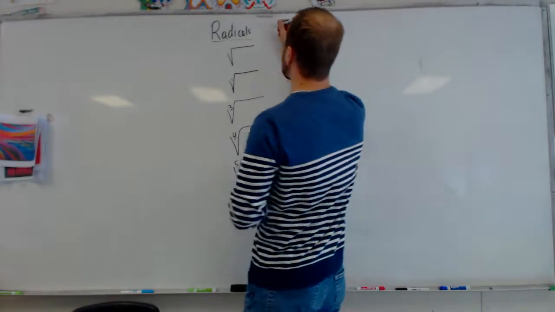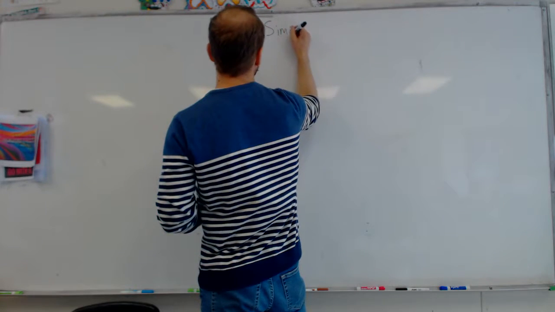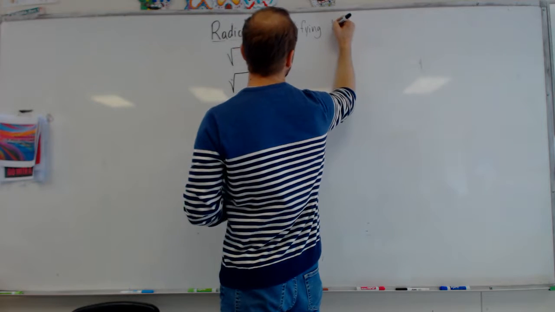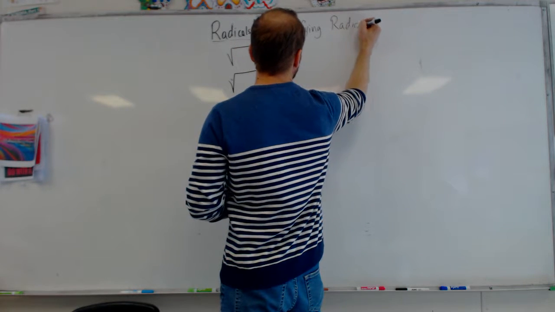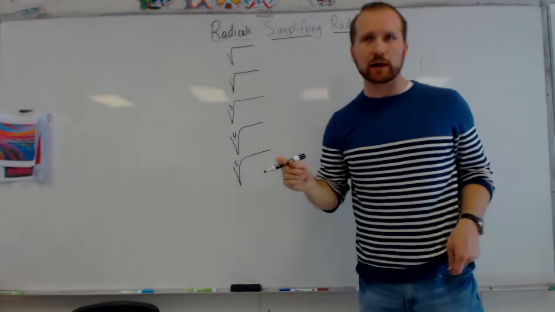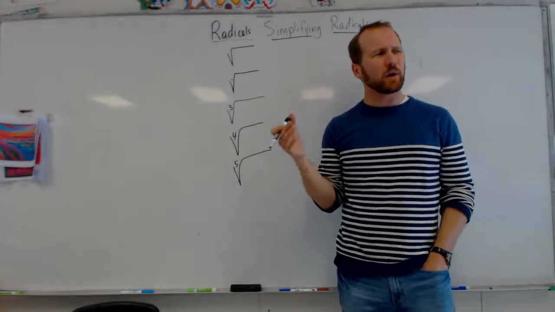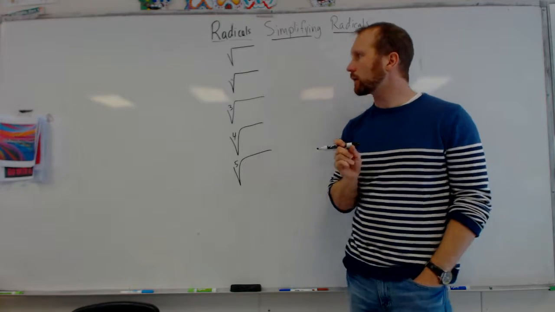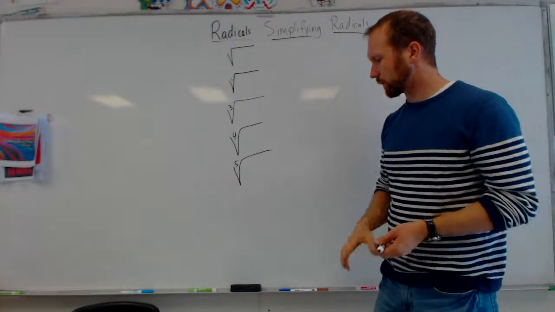Today we're going to learn about simplifying radicals. So that's the title of this lecture. But before we get into that, I just want to talk about what this actually means and why we're doing it after exponents. There's a couple of reasons.